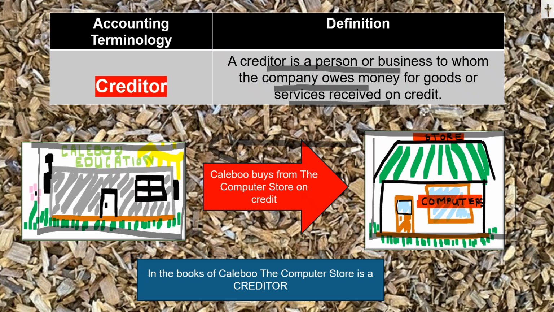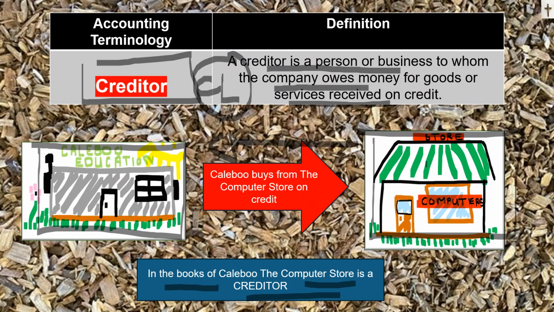The goods are delivered, but Calibre pays the supplier at a later date. And this supplier here is an example of a creditor. Buy now, pay later. So it's goods we've bought on credit. In the books of Calibre, the computer store is a creditor. By the way, a creditor to the business is a current liability.